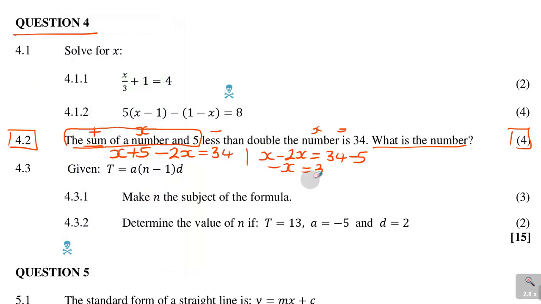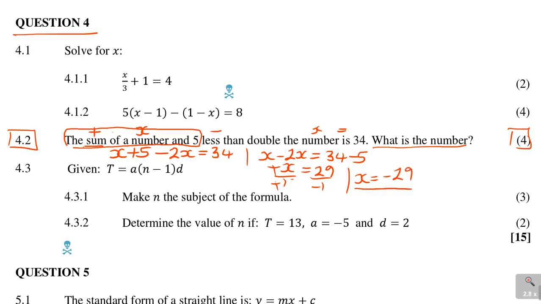So there I have 29. So divide by negative 1 because you're looking for x. When you divide by negative 1, you will have now your x is equal to negative 29.